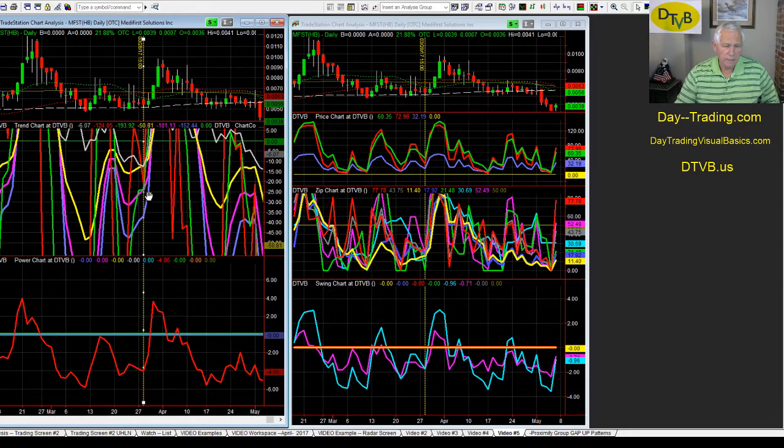So we know green is on top of pink, which is a key indicator for a gap up or a nice strong movement up. We like to think that when green is only a point away from pink, it is going to gap up real nicely.